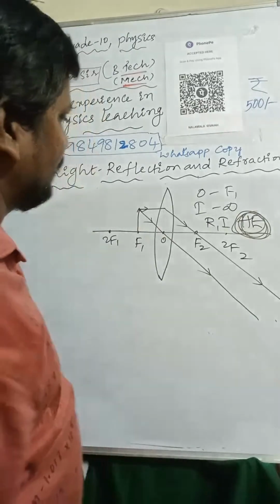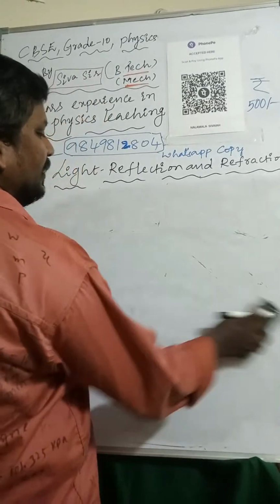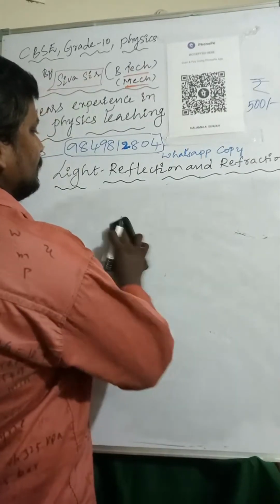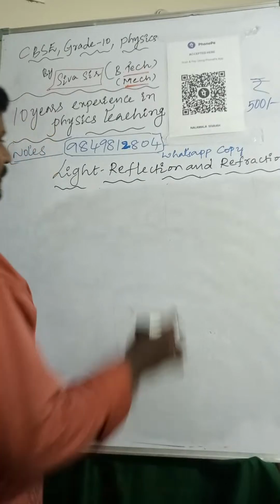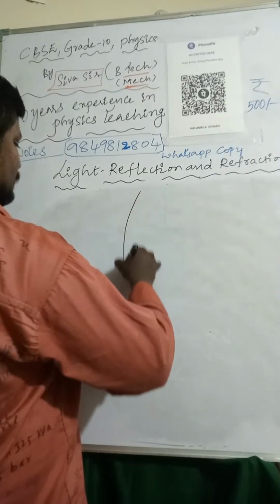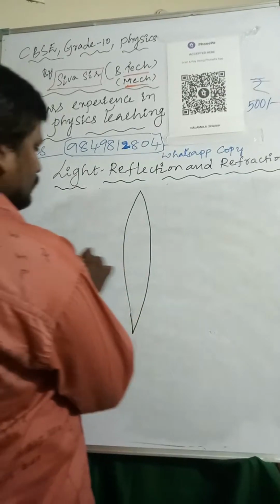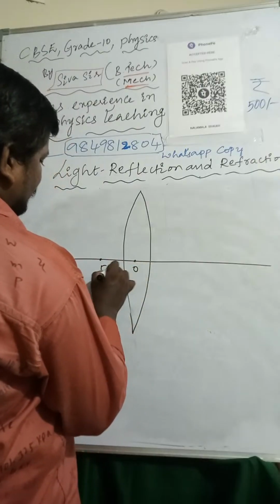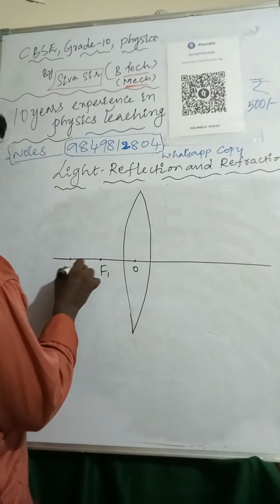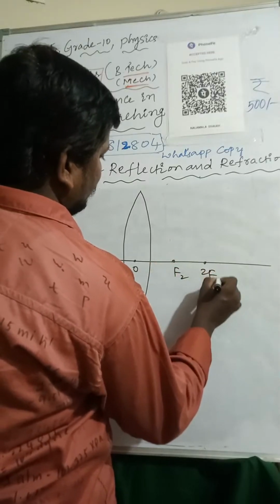Clear? Done. Next, the last case, a very special and very important case. I'm considering like this. Optic center, f1, 2f1, f2, 2f2.